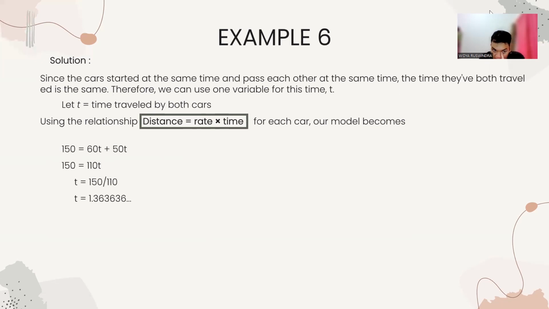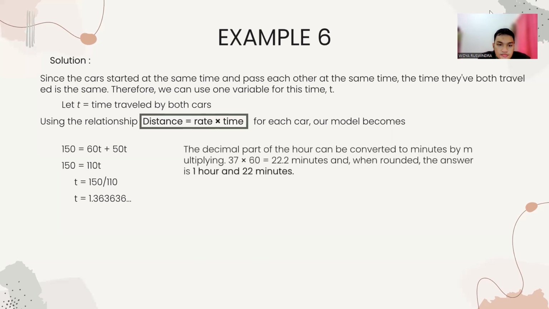We get 150 equals 110t. Dividing both sides by 110, we get t equals 150 over 110, and we get t equals 1.363636.